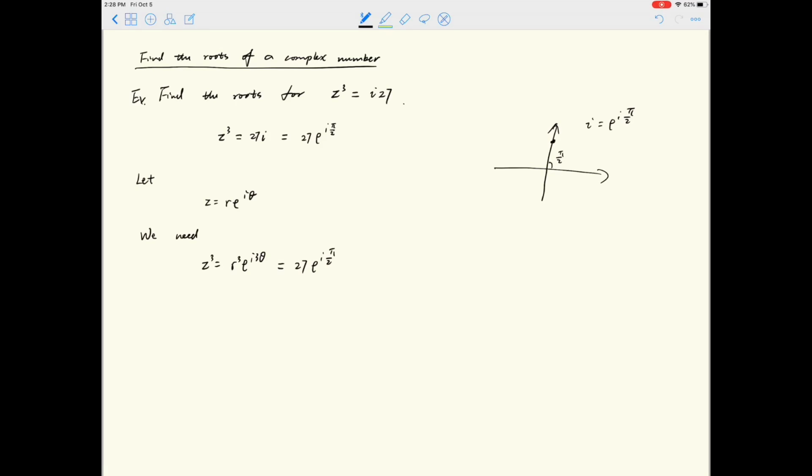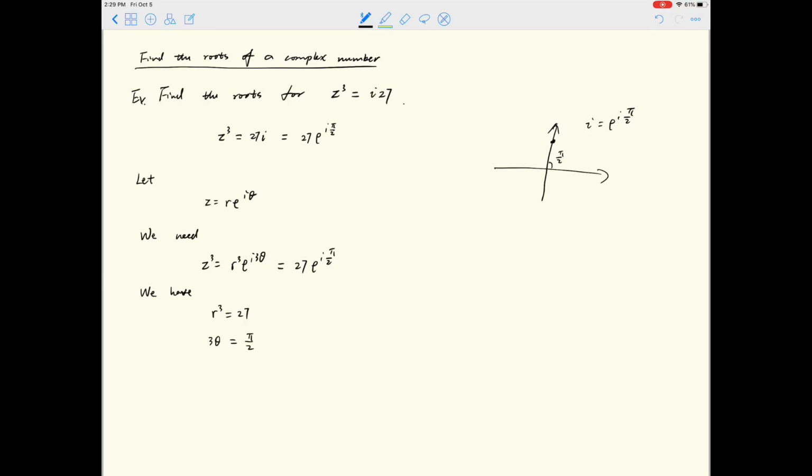Now from this equation we can establish a few relations. First, r cubed must be equal to 27. Also 3 theta must be equal to half pi. Here it's a little tricky.